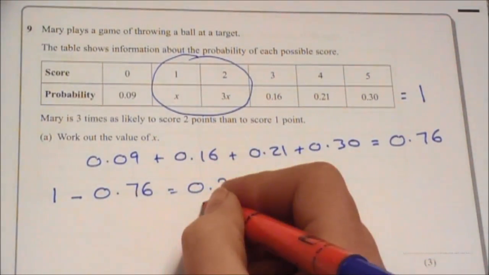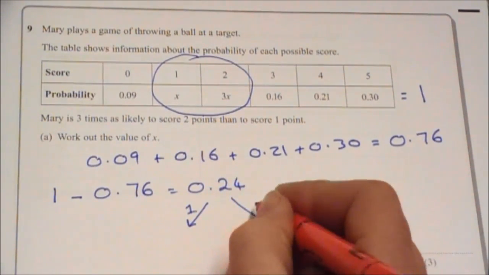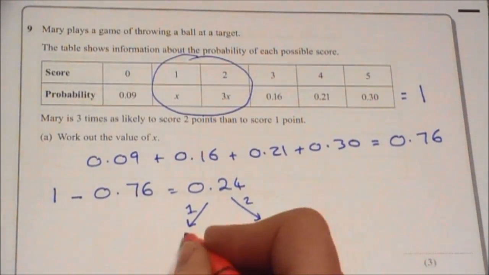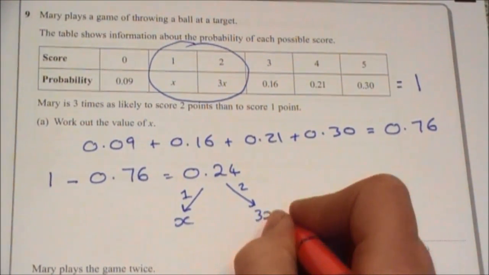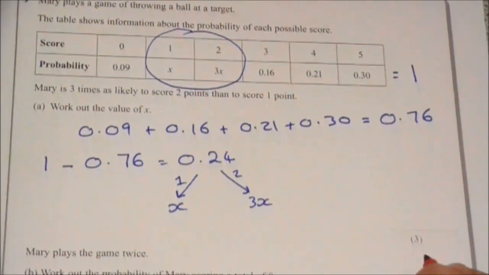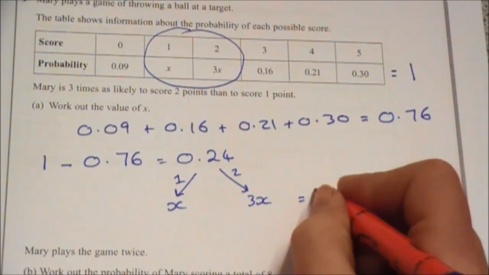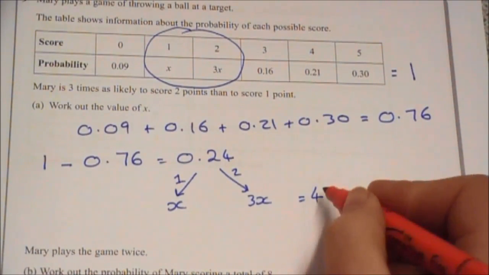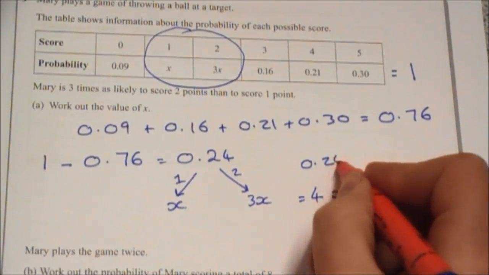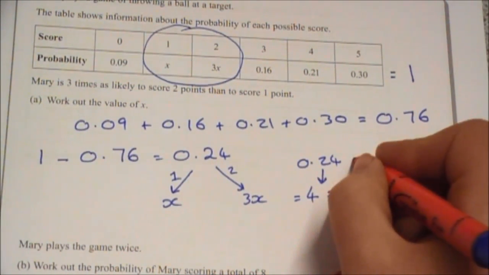Now that 0.24 needs to be split between a score of 1 and between a score of 2. And 1 is represented by 1x, and 2 is 3 times whatever that is. Now this has turned into a little bit of a ratio question, because altogether I've got 4 x's, and that 0.24 has got to be shared between those 4 x's.